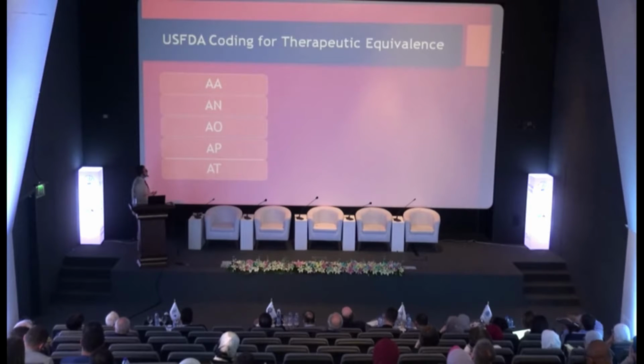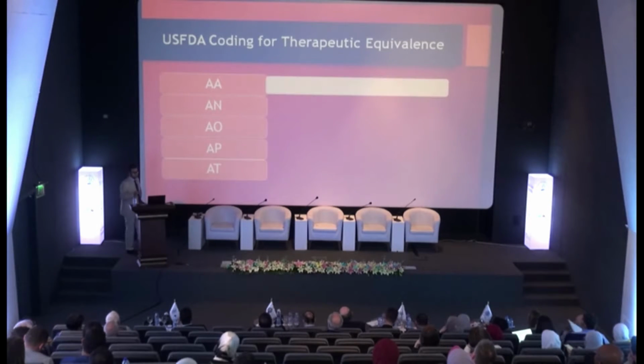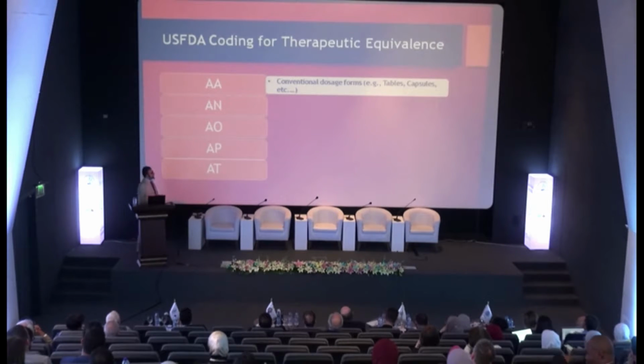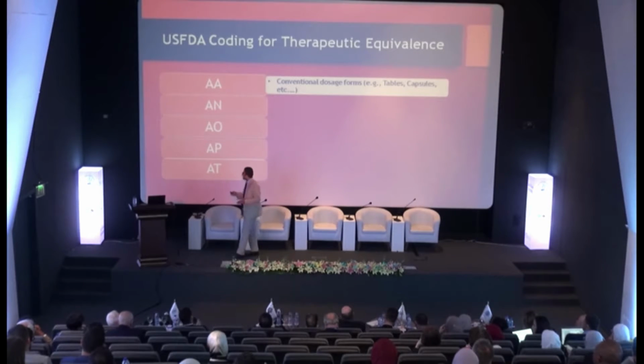for a generic medication to be interchangeable, it has to be AB rated for orally administered drugs. If it's A rated or AB rated, that means it's bioequivalent and falls within the range set by the US FDA. If it does not, it wouldn't be AB rated.